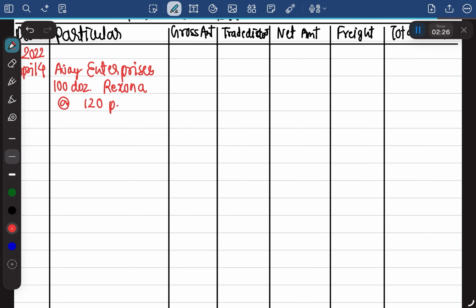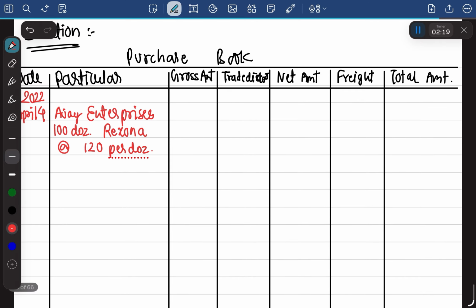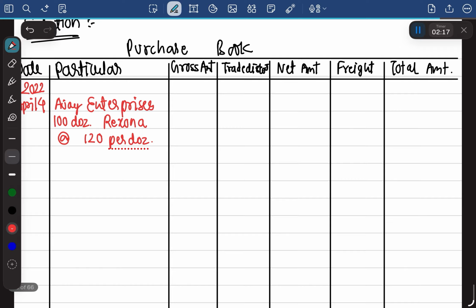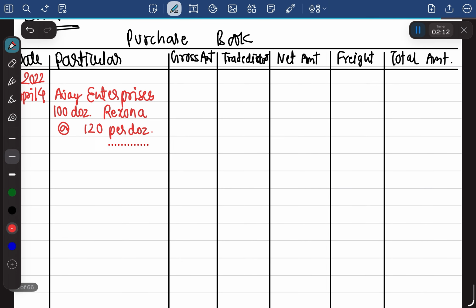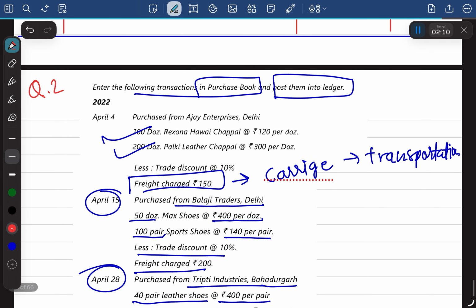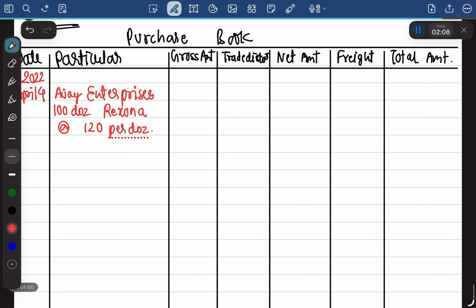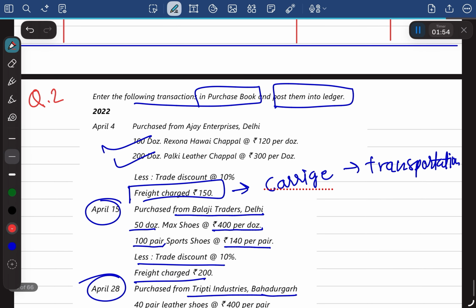Then the next, 200 dozen bulky at the rate of 300 per dozen.